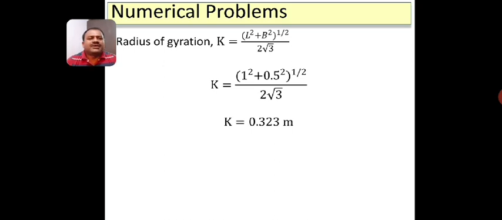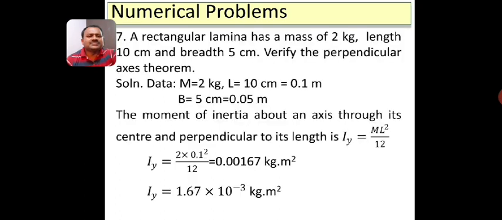Now substituting the values of L and B here, k is equal to 1 square, that is L square, plus B square, that is 0.5 whole square, whole power half divided by 2 root 3. If you simplify it, you will get k as 0.323 meter. So that is the radius of gyration of a rectangular lamina about an axis passing through its center and perpendicular to its plane.